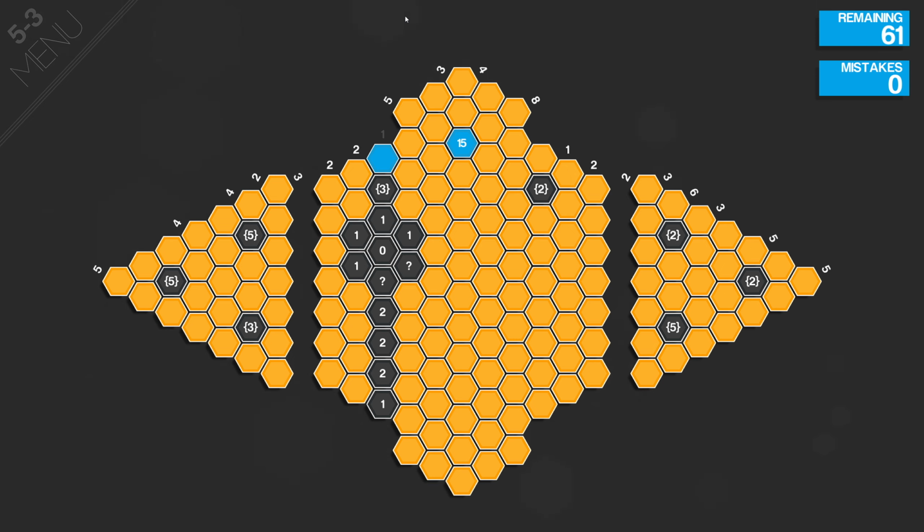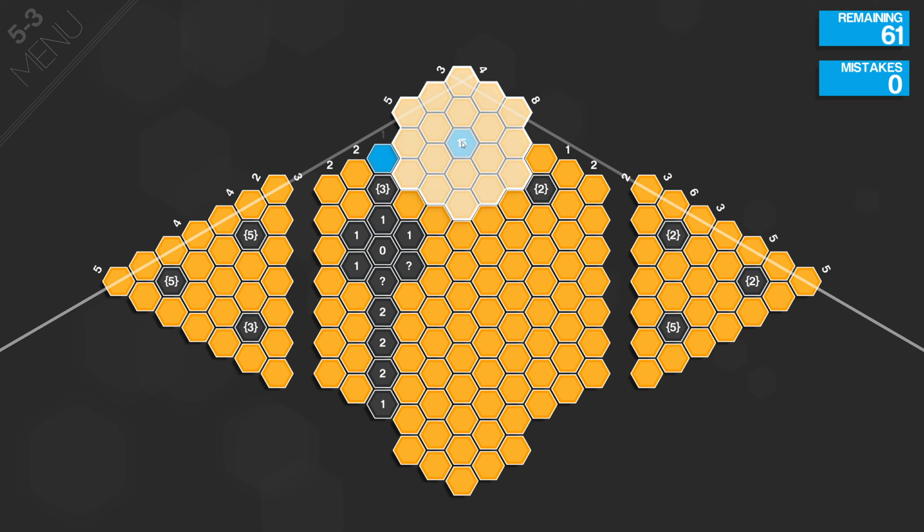Alright, it's been staring me in the face and I feel dumb. So I think this 3 and this 2 means there's 2 blue past the break and 1 before. So 2 of these must be black. And if we look on the other side, the same is true here. So we've got 3 blues here and only 1 blue here, so 2 of those must be black.